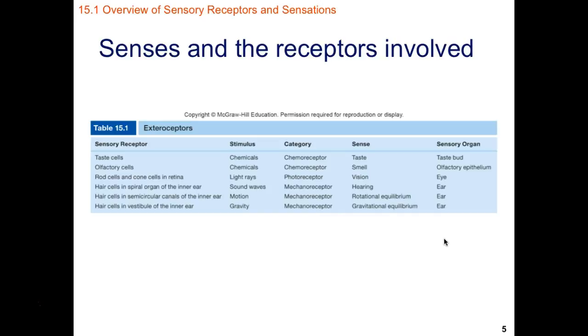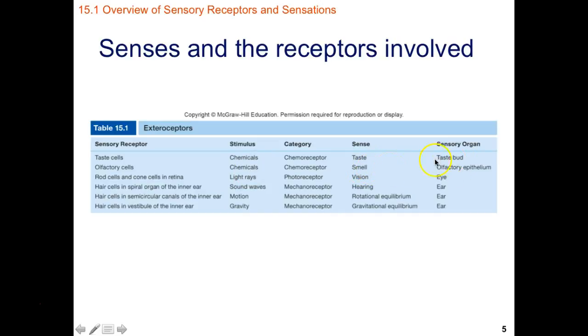And I have a breakdown here for you from your textbook, table 15.1, that will tell you some of the sensory receptors we have throughout the body and what the stimulus is broken down to. So like we said, our sense of smell is picked up by olfactory cells, which are really our chemoreceptors, and our stimulus is the chemicals that we get from the rose.